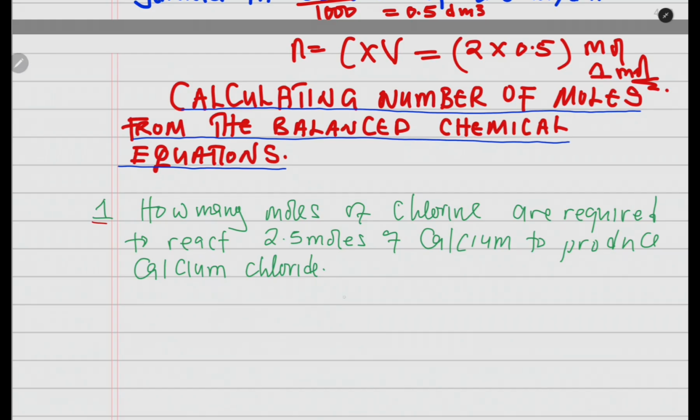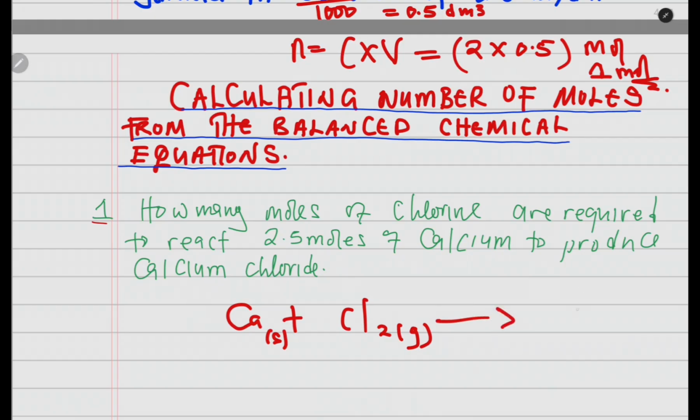And as you can see here, chlorine is required to react with calcium to produce calcium chloride. So what is reacting is calcium reacting with the chlorine. Chlorine is a diatomic, so you do not write it as just Cl. So you write it as Cl2. Okay, it's a non-metal also. You can take note of that.